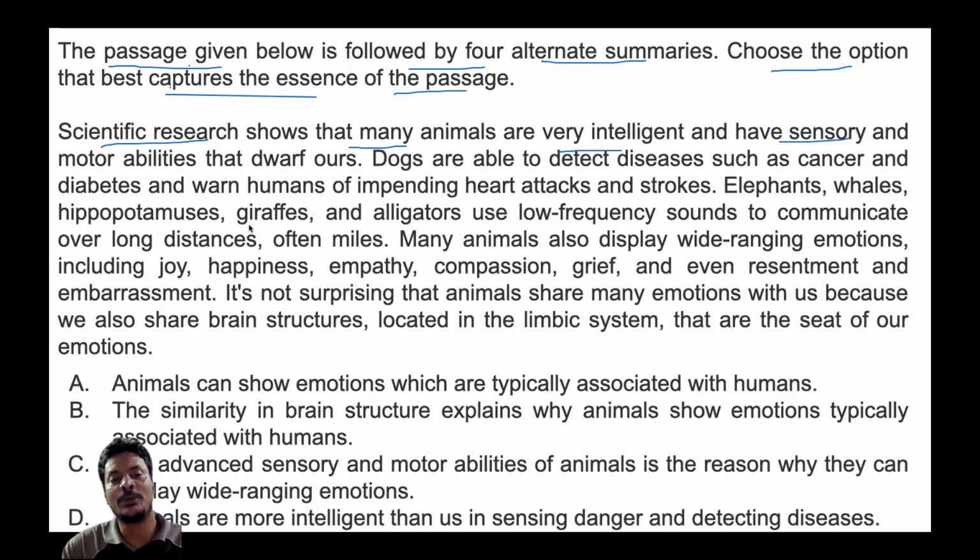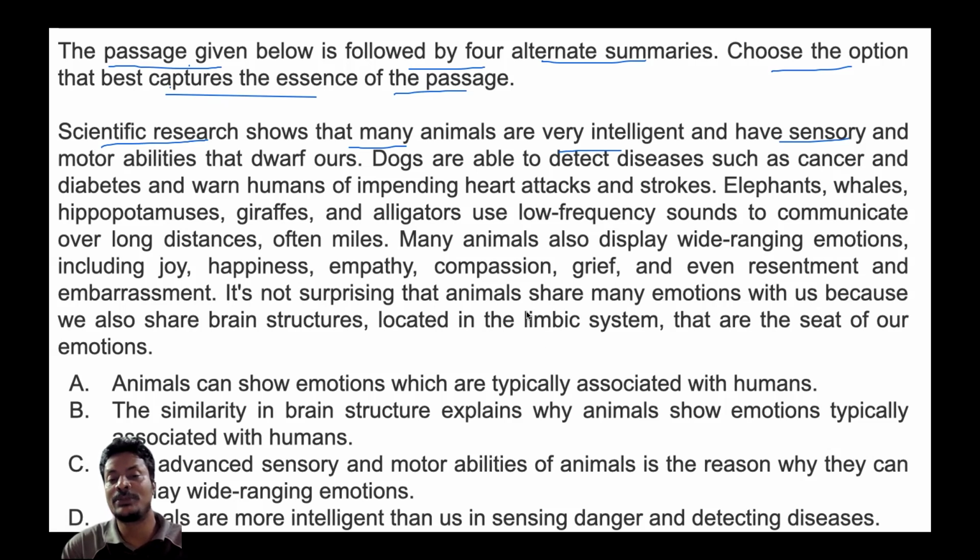Elephants, whales, hippopotamuses, giraffes, and alligators use low-frequency sounds to communicate over long distances, often miles. Many animals also display wide-ranging emotions, including joy, happiness, empathy, compassion, grief, and even resentment and embarrassment.